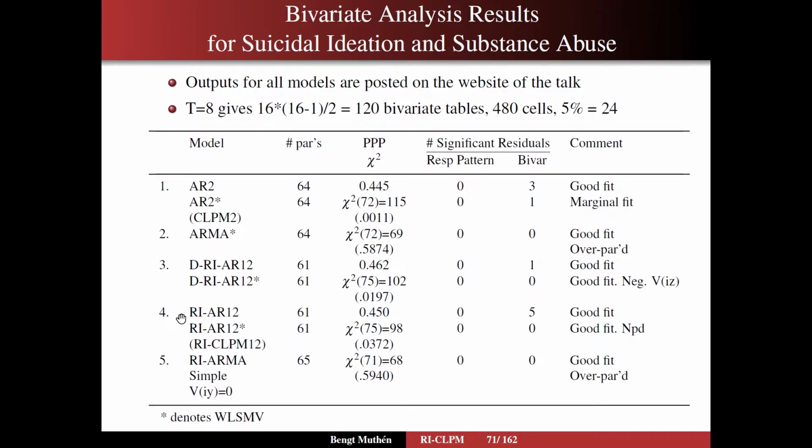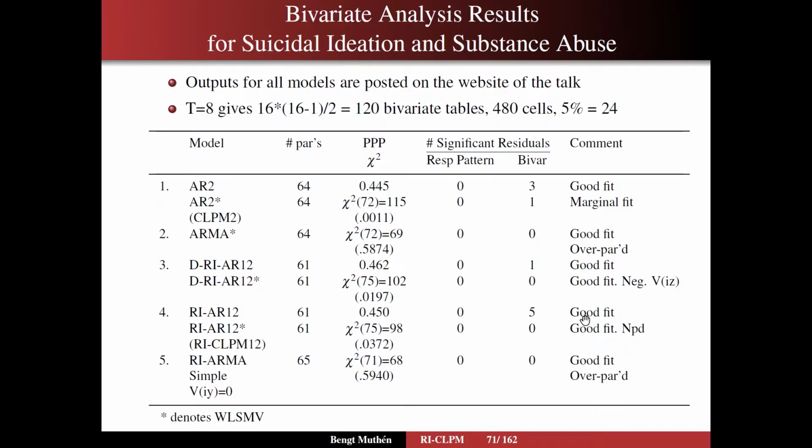But instead we're going to continue looking at the models of primary interest here, namely the RI models, RI-AR and RI-ARMA, where we do this separation of within and between individual variation and covariation. So we pick an RI-AR12 model, so an AR1 process for suicide and an AR2 process for substance abuse.